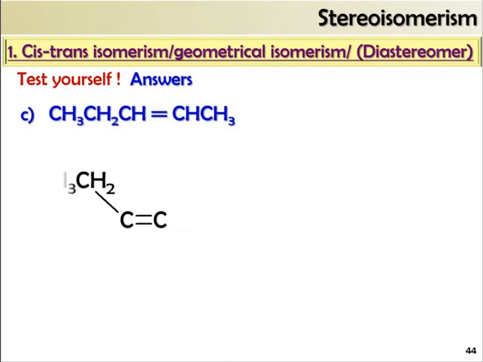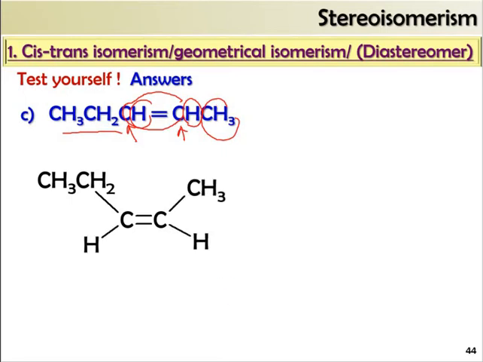And then C, okay, look at here, this carbon. We have H and CH2CH3, and then this carbon has H and CH3. Okay, both carbons have two different atoms or group of atoms. So, okay, it can be a cis-trans isomer.